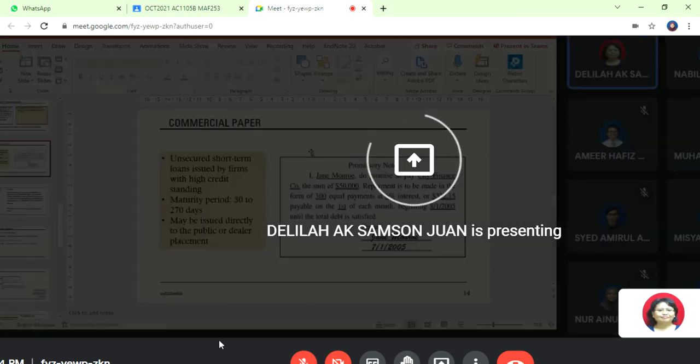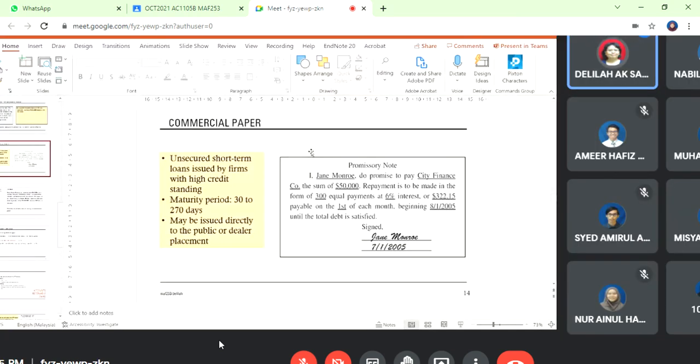Now last week you had commercial paper. So here I give you an example of a commercial paper. It looks like a very simple document where somebody says that they promise to pay the finance company or the bank a certain sum of money.